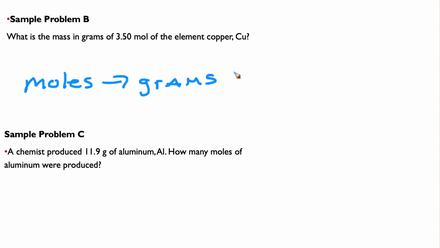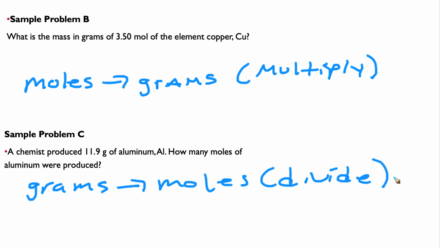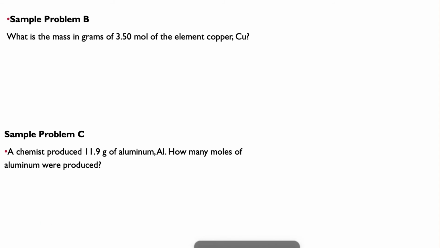So when you go from moles to grams, you're going to multiply. Still got to divide by 1, but it's going to be the same number. Now when we go from grams to moles, even though you still have to multiply by 1, it's the same number, you will divide. All right, so moles to grams, multiply; grams to moles, divide.